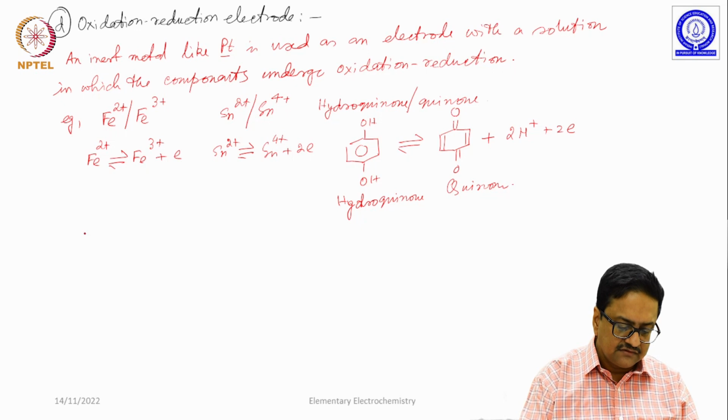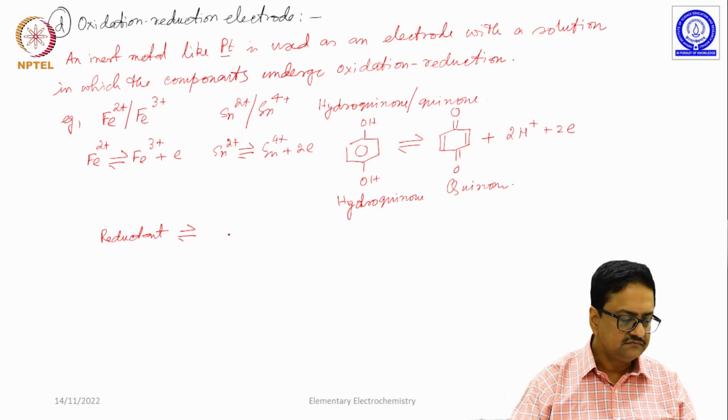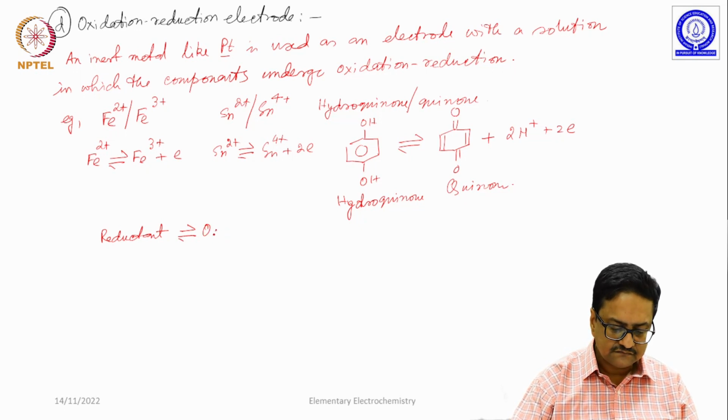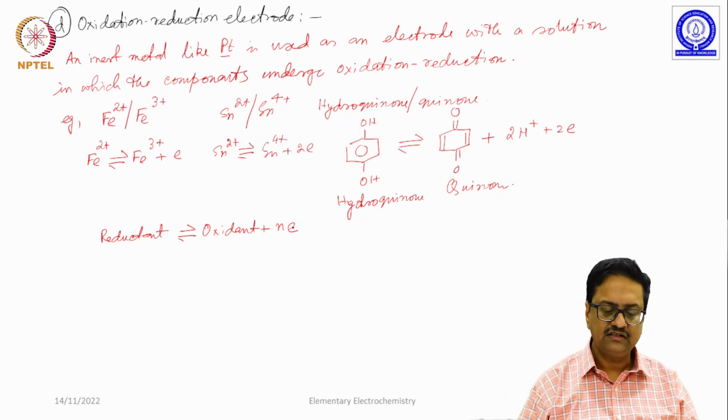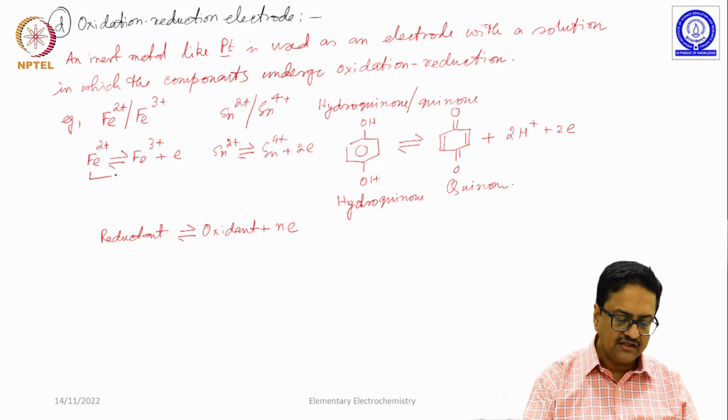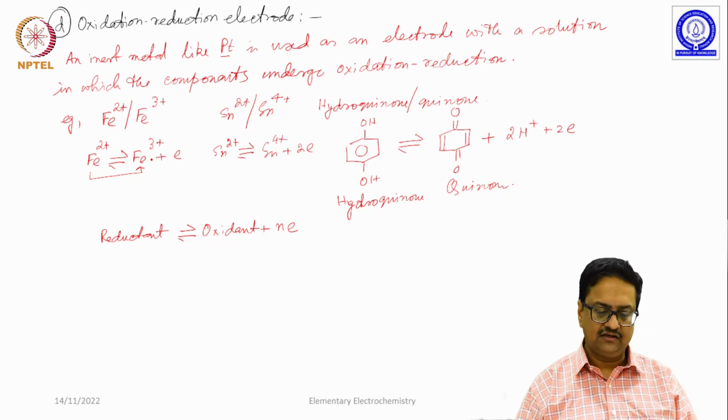So in general, one can write it as: reductant is in equilibrium with oxidant plus n number of electrons, that is the difference in their charge.